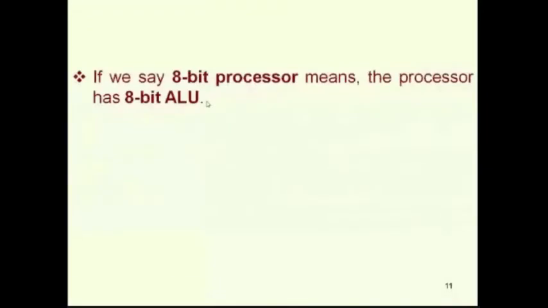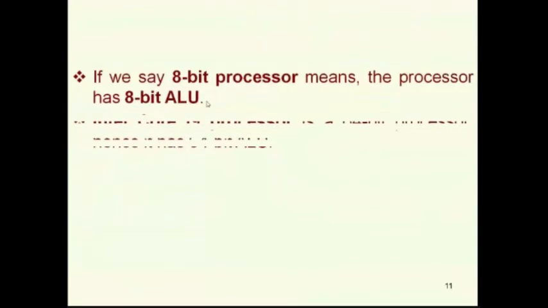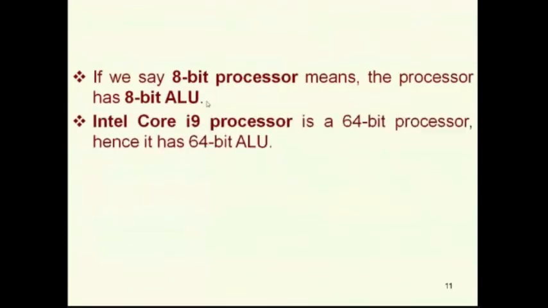Now you can see, if you say 8-bit processor, it means the processor has an 8-bit ALU. Say for example, we are using an Intel Core i9 processor, which is a 64-bit processor. Hence we can say this is a 64-bit ALU. All of us sitting in front of a PC are using an Intel Core i9 or i5 processor, which is a 64-bit processor.